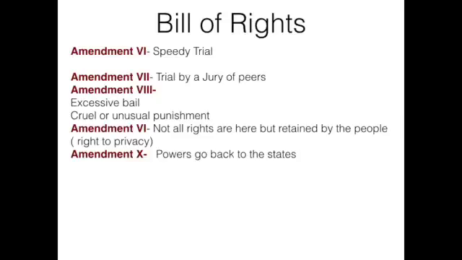Amendment 9. Now here's an interesting amendment, because Amendment 9 says not all rights are listed. We know that looking into the future, 20, 30, 40 years from now, there's going to be rights that we can't foresee. So we want to say that there are rights that are still protected.